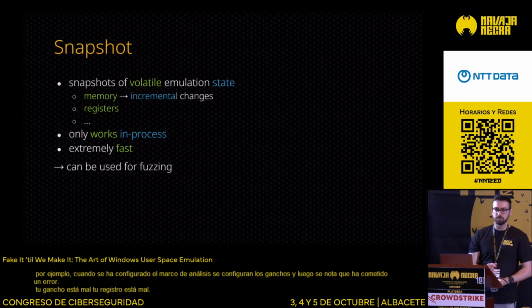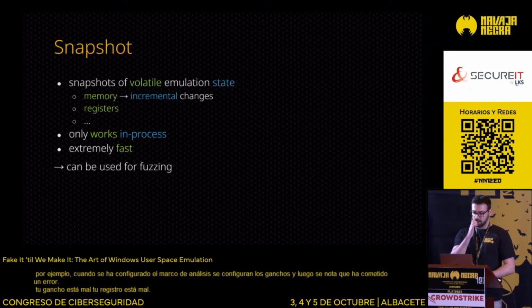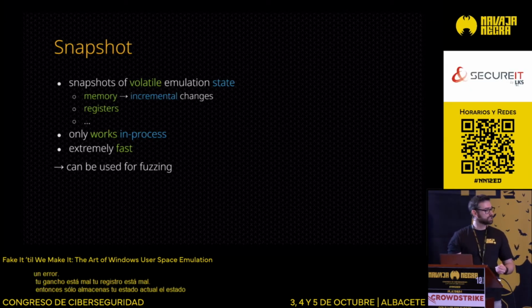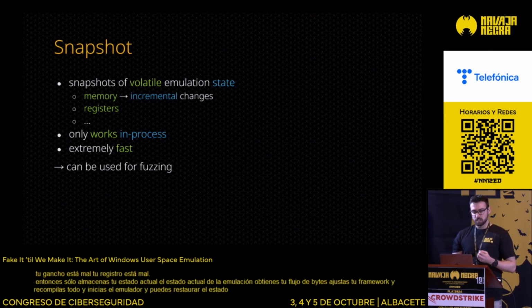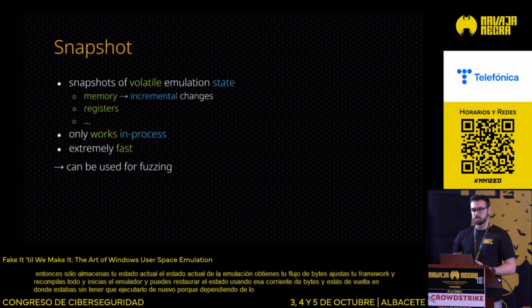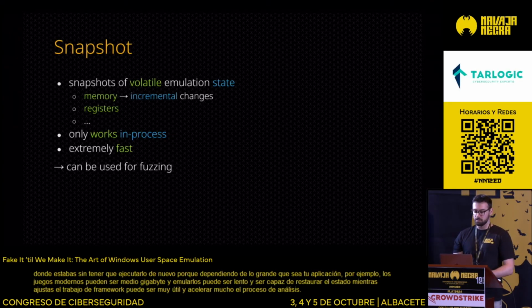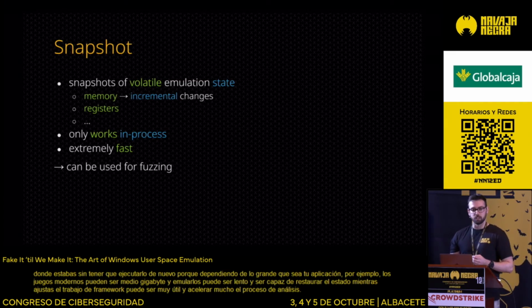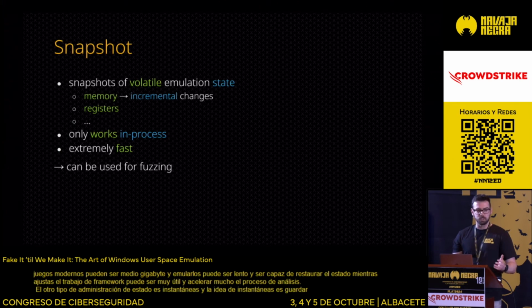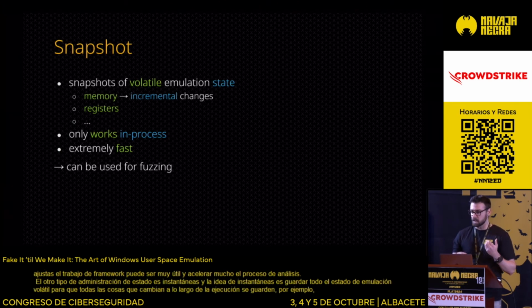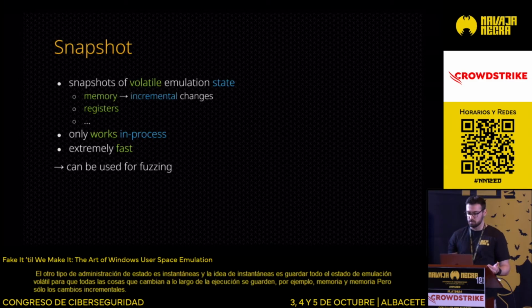The other type of state management is snapshots, and the idea of snapshots is to save all the volatile emulation states. So all the things that change throughout the execution, they get saved. For example, memory, but only the incremental changes. So everything that happened after the snapshot is registered, all the registers, of course, but things like the process context, the command line, things that are static throughout the execution of the process, you don't need to save them.